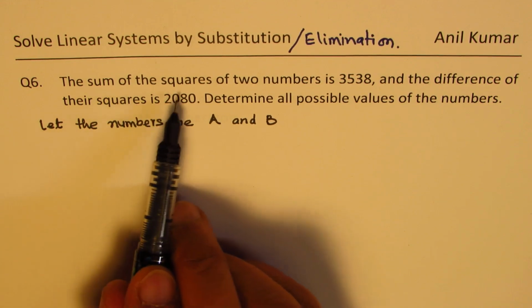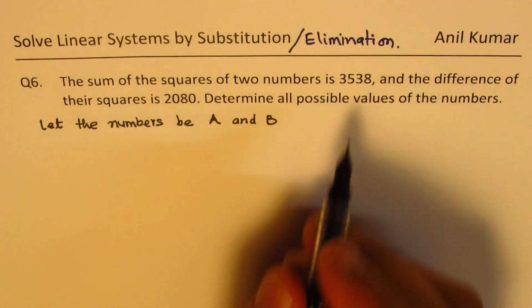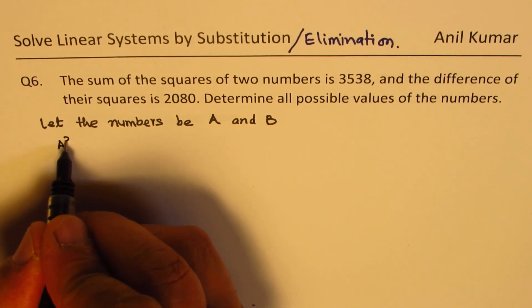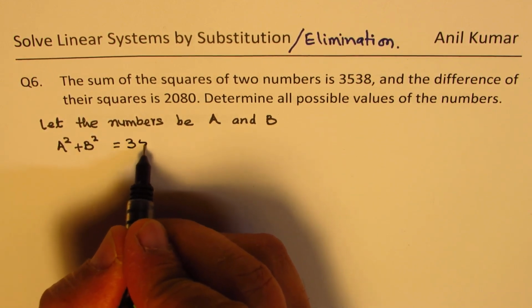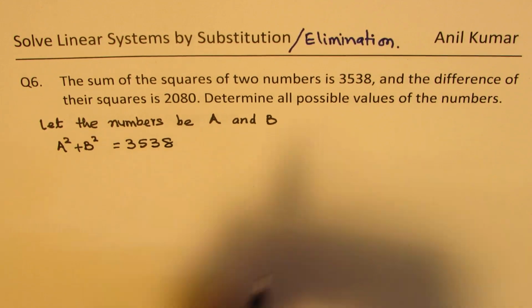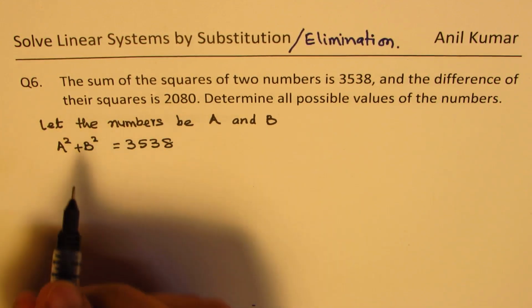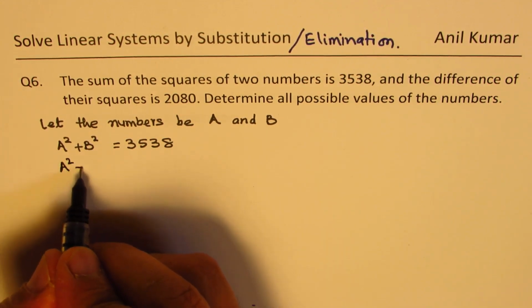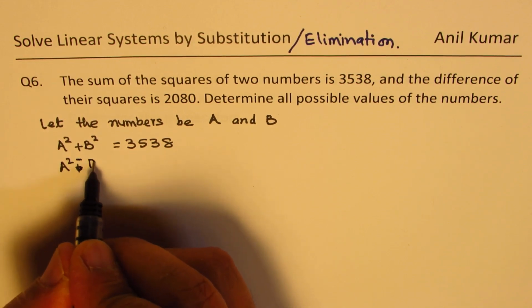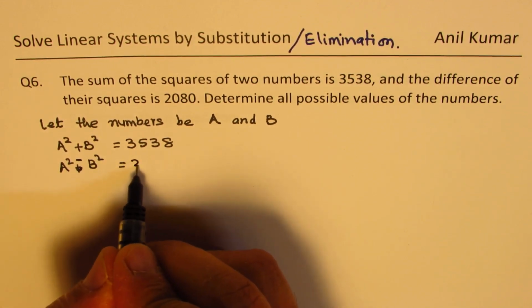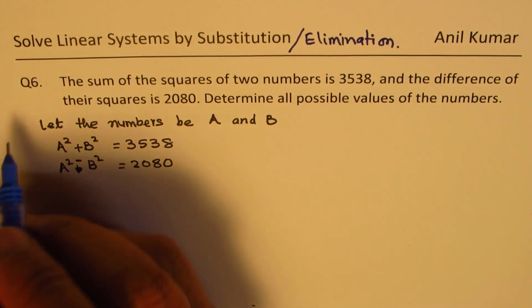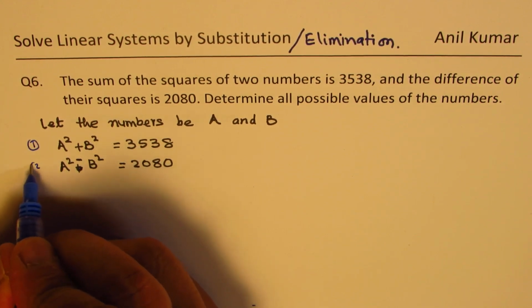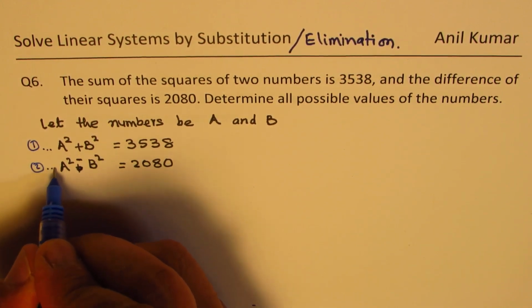When it says sum of squares of two numbers is 3538, it means A square plus B square is 3538, and difference of squares is 2080. So A square minus B square, that is the difference, is 2080, right? So that is how you get two equations, two variables to figure out. We'll call these equations as equation 1 and 2.